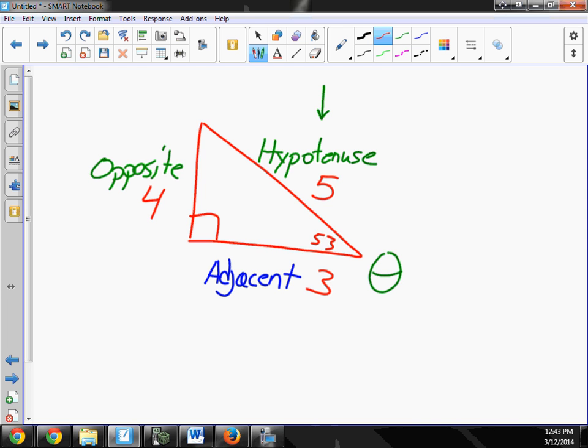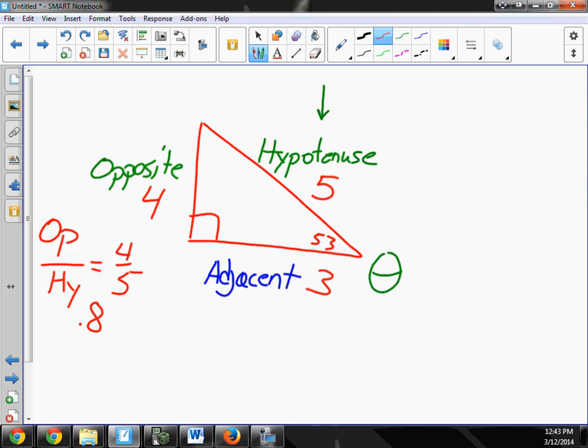Okay? And I divided the opposite side by the hypotenuse, 4/5. That's just a ratio. Okay? And ratios can be written as a percentage, 0.8, which means 80%.